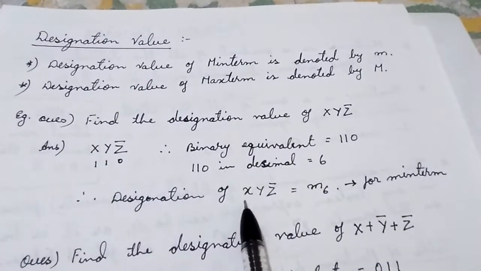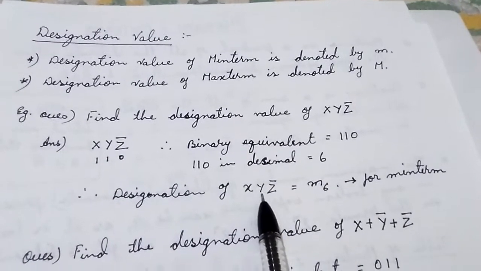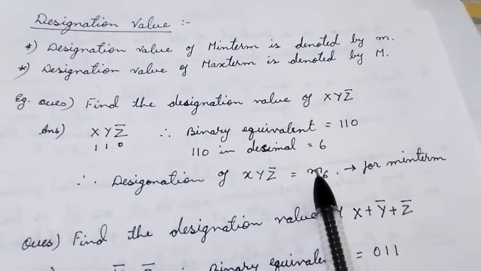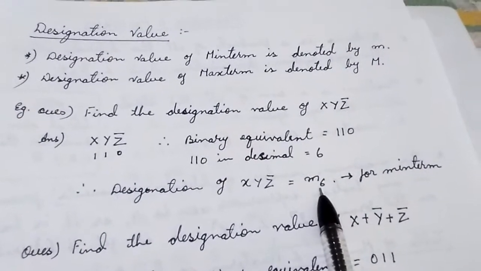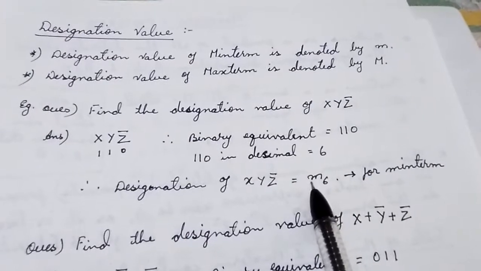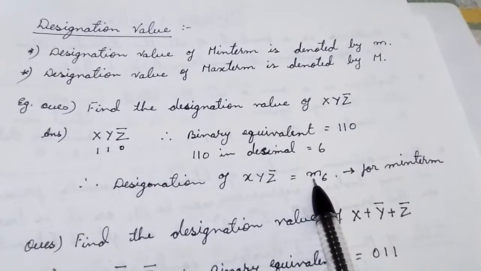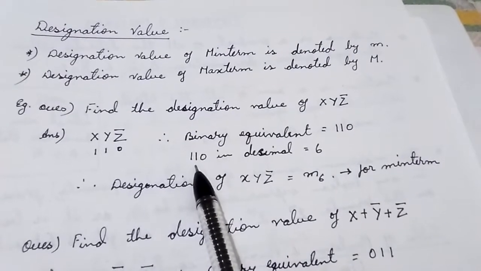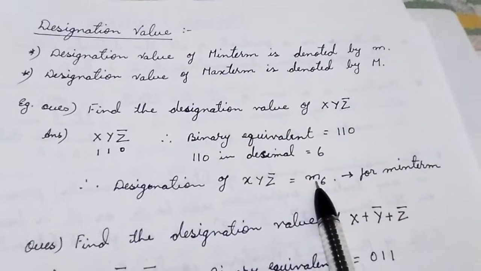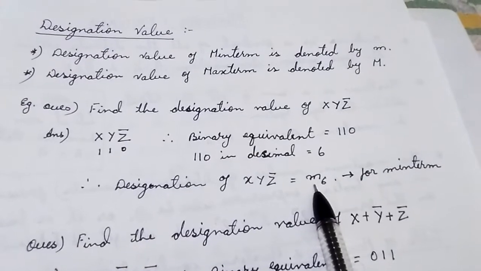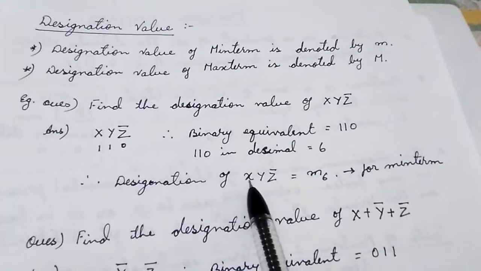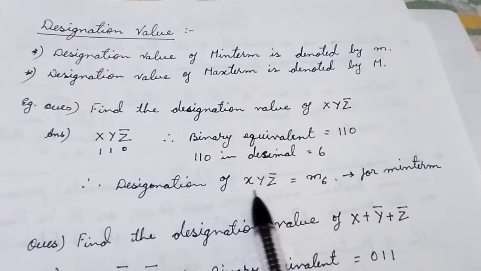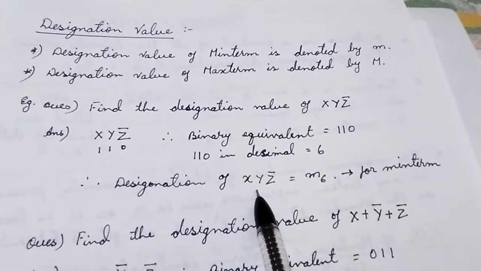Therefore, the designation of x, y, z bar is m6. Now here we use small m and 6 as we are getting from the combination. Small m is used for min terms because my literals are written in min term form.